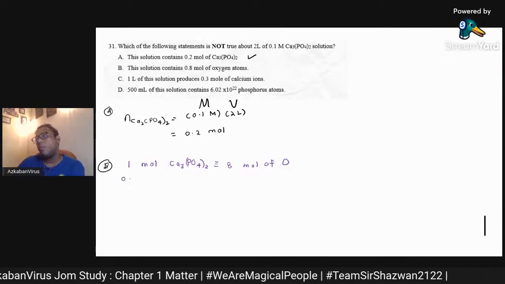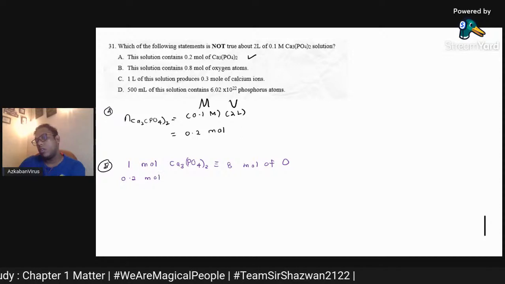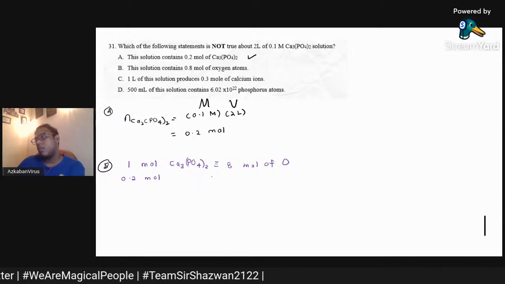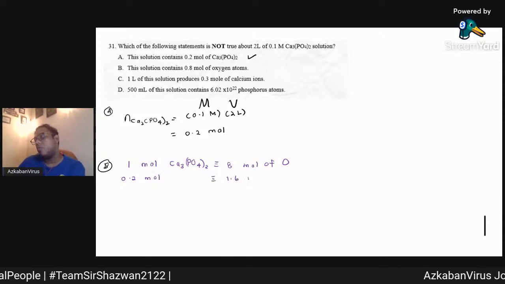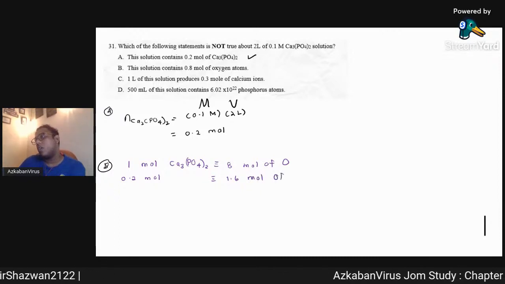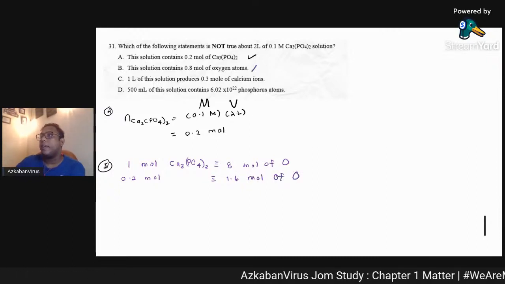So kalau you ada 0.2 mole, that means kita akan ada 1.6 mole of oxygen. So statement ni salah.